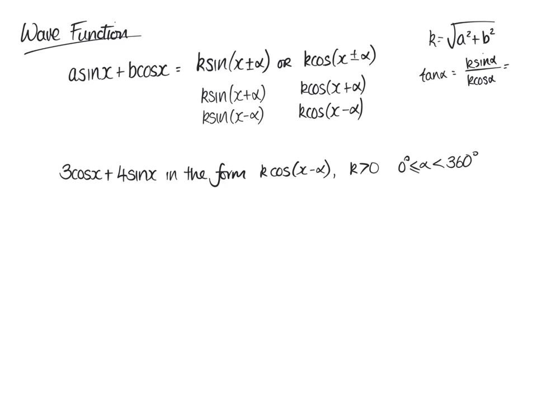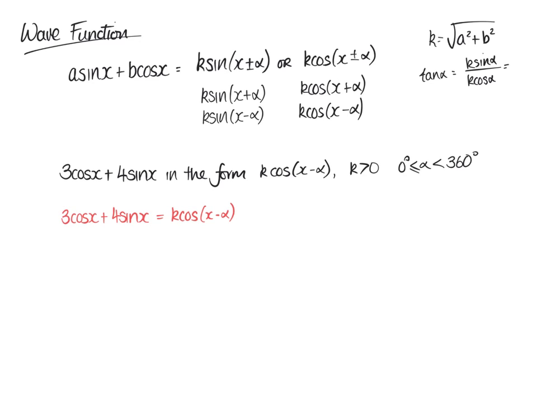Right, so where are we going to start? As always, we take the information we know from our question. We've got to write 3 cos x plus 4 sine x in that form, so it's equal to k cos of x minus alpha.